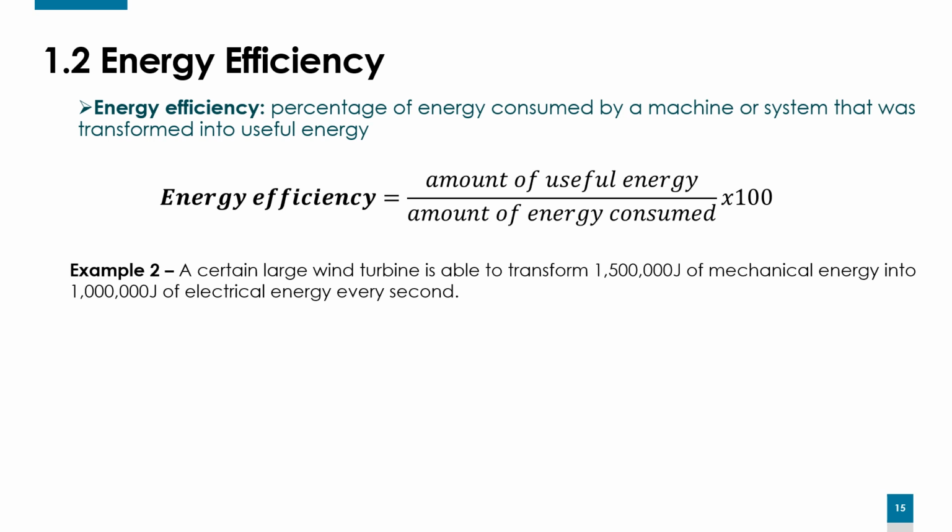Another example. A certain large wind turbine is able to transform 1,500,000 joules of mechanical energy into 1 million joules of electrical energy per second. How much thermal energy does this turbine waste?